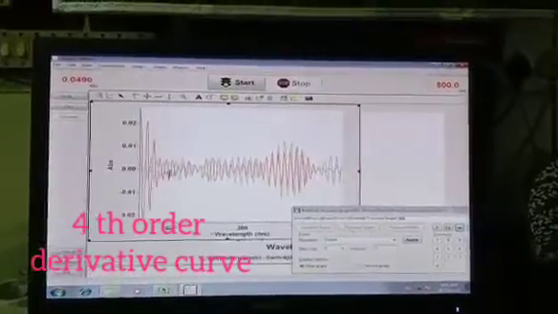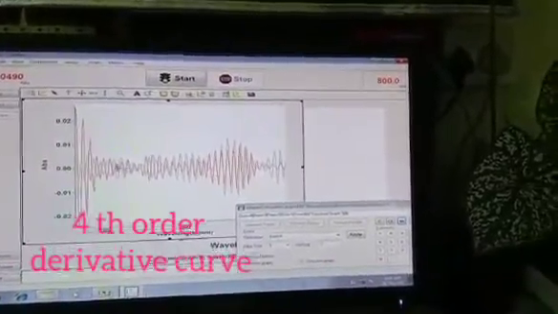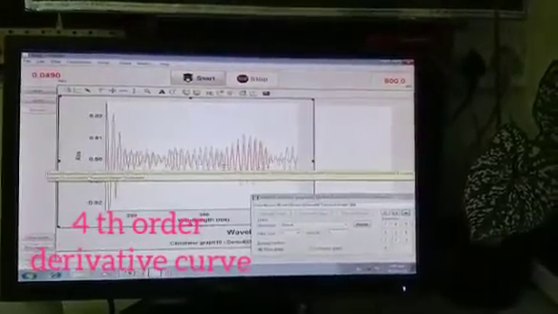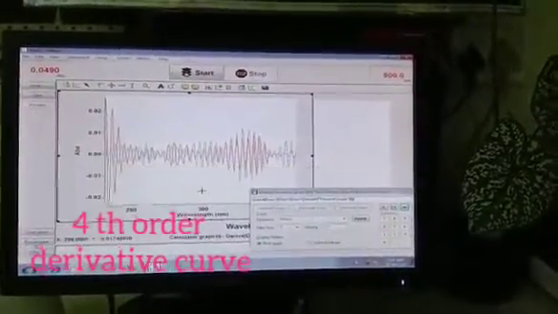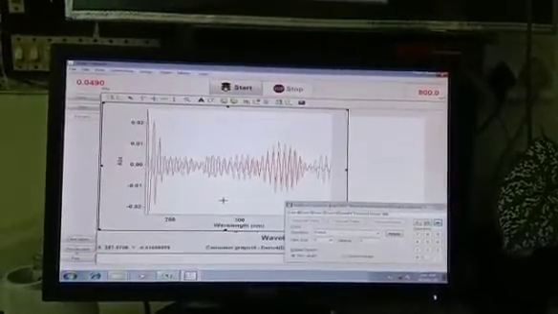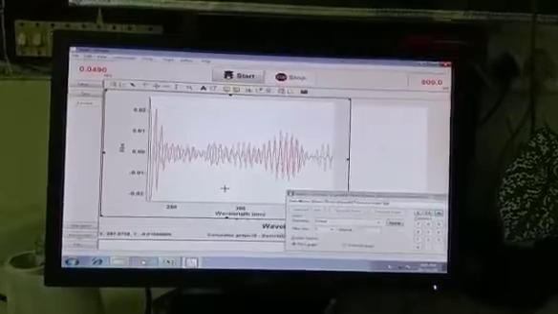So this is a fourth order spectrum. You can see how well both the absorption isotherms have got resolved, and in this particular order one component analysis does not interfere with the other component. This is the very significant feature of derivative spectroscopy.